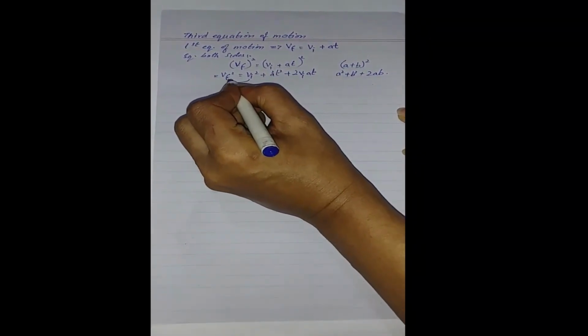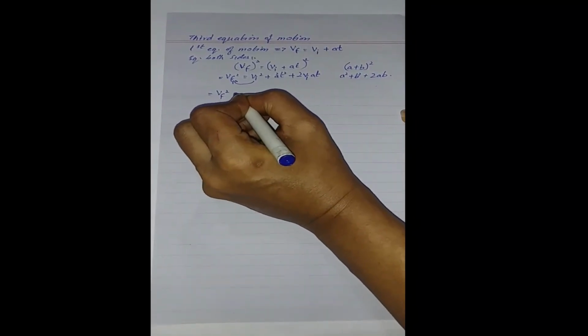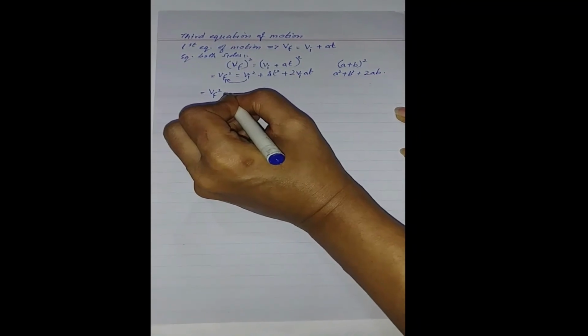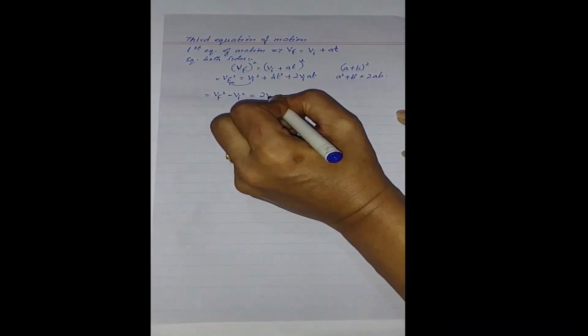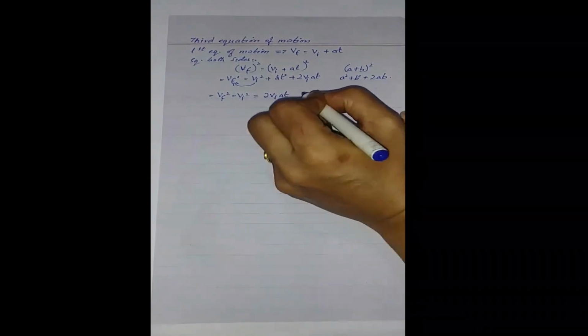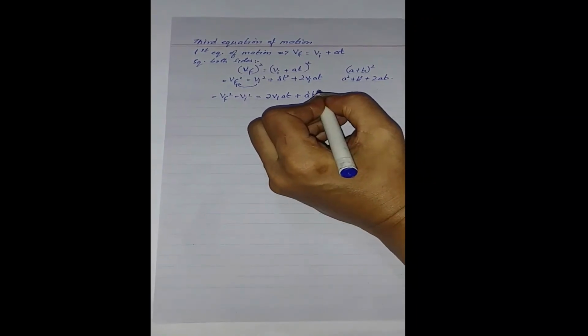If we move this Vi square over here, the form of the equation will be like that: Vf square minus Vi square is equal to 2Vi at plus a square t square.